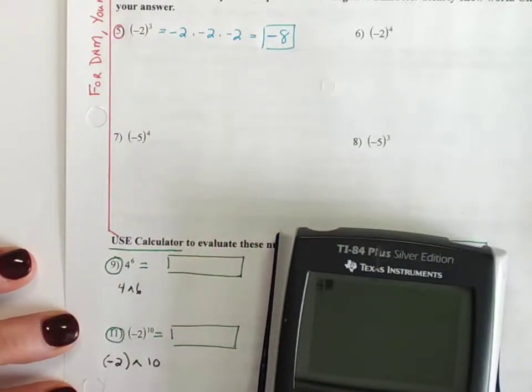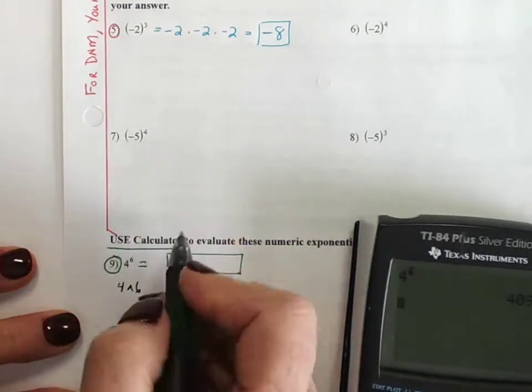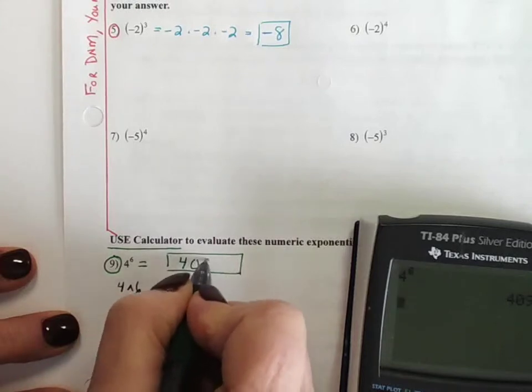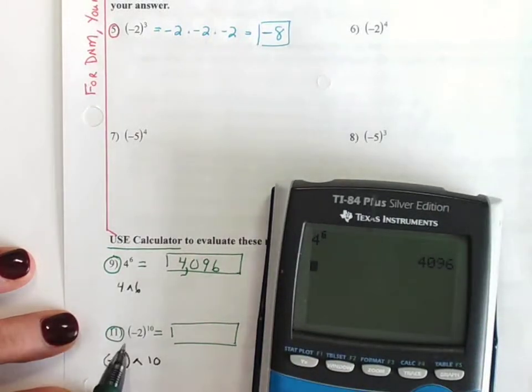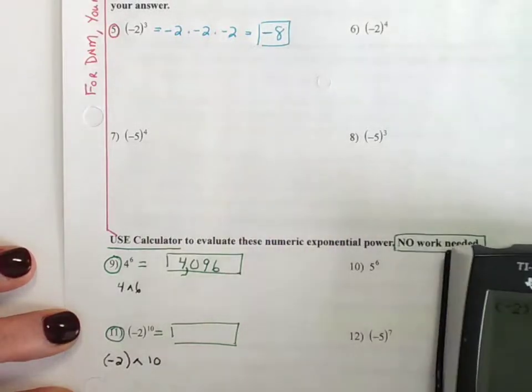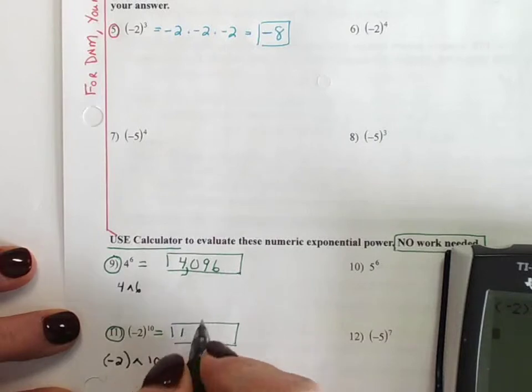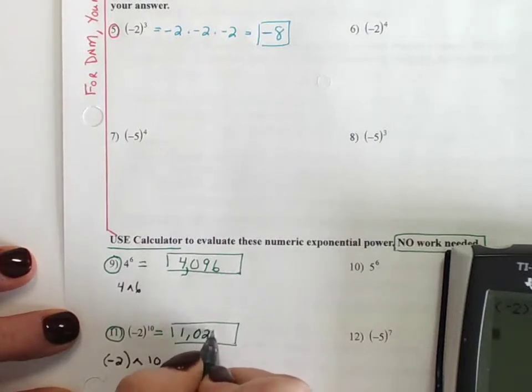So I'm going to put in 4 caret 6, and you should get an answer of 4,096. Next, this is in parentheses. Negative, oops, I'm going to clear this. Parentheses, -2, close parentheses, caret, 10. And notice that the answer is 1,024.